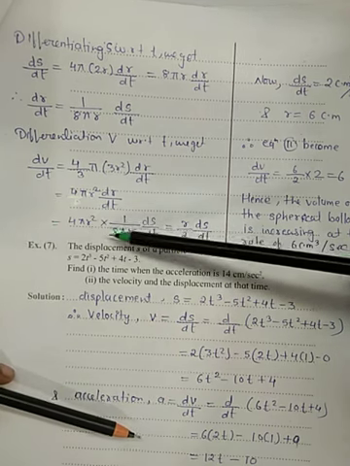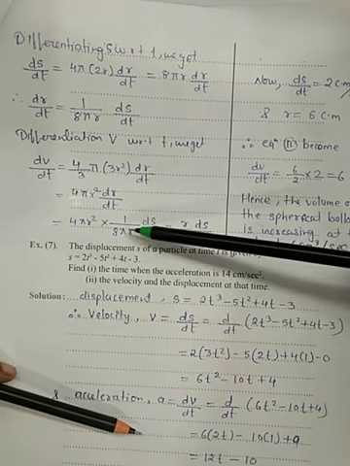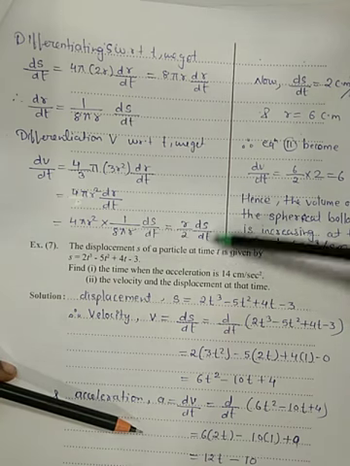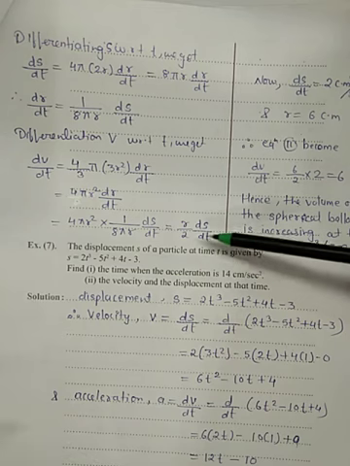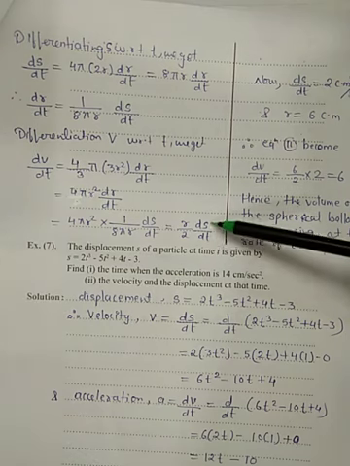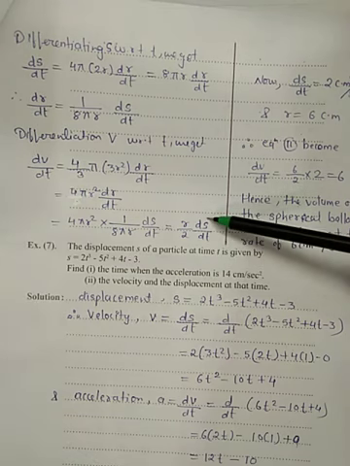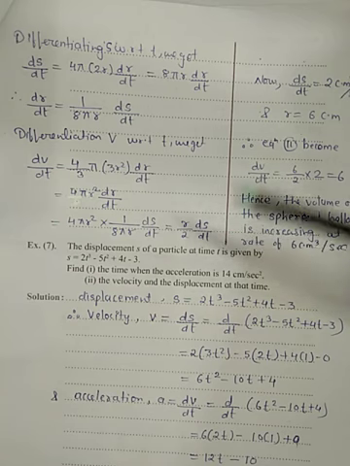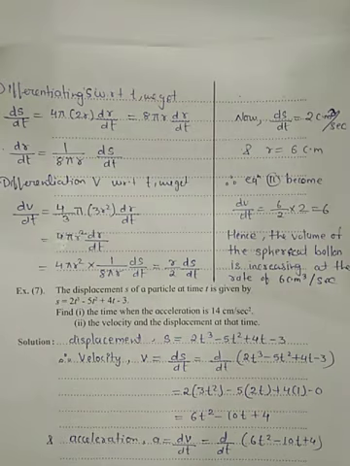4 pi, r cancels, and 4 to 8, this r remains, r upon 2 dS by dt. Okay. Now what is dS by dt? We are given the rate of change of surface area is 2 centimeter square per second, and radius we are given 6.